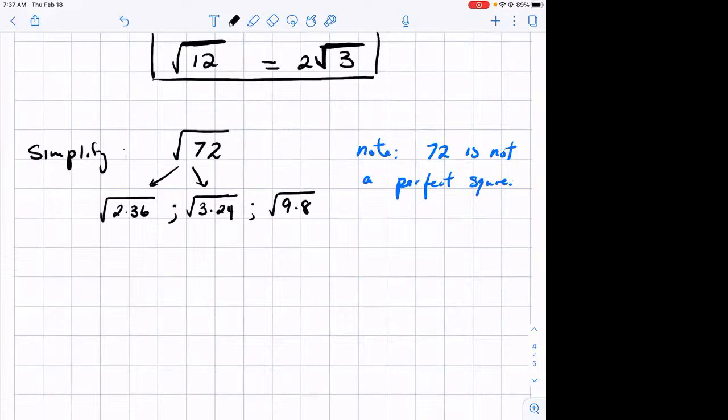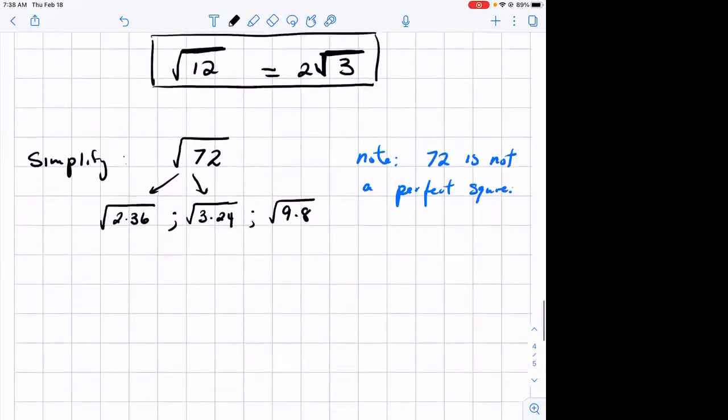Now, if you notice here, we have 2 choices to use. 36 is a perfect square, so we could use this one here. But then we also have a square here, 9. But notice that if you use this one, you will have additional work to do.